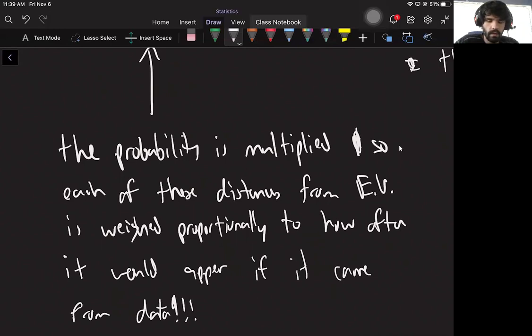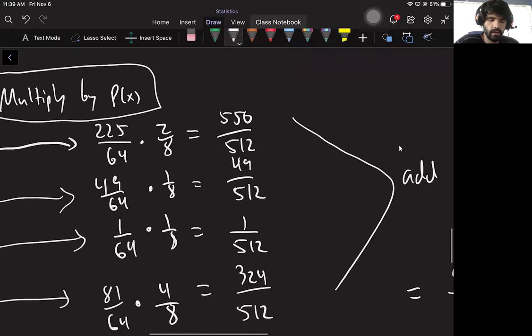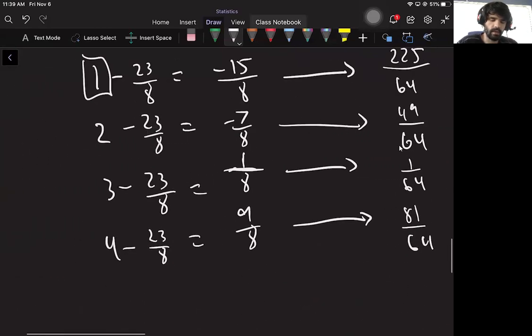That's the idea. We don't have any data. What we have is probability. And so we don't have data points. We have these little x's.